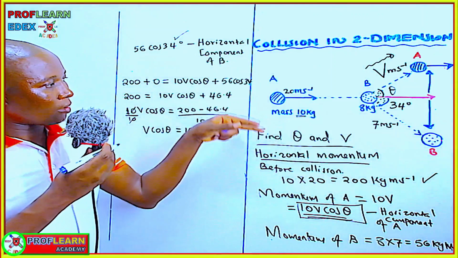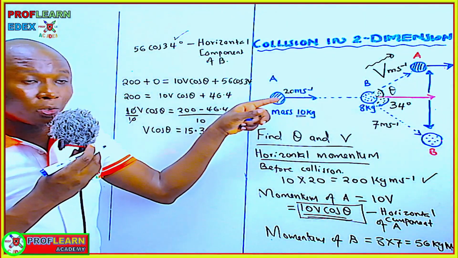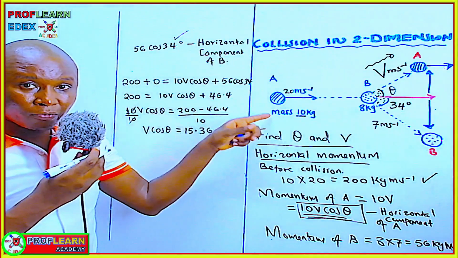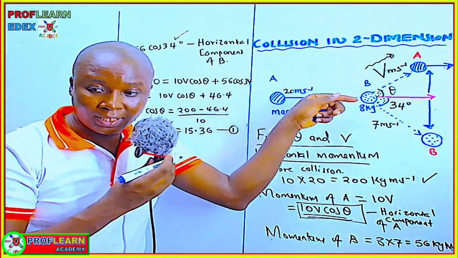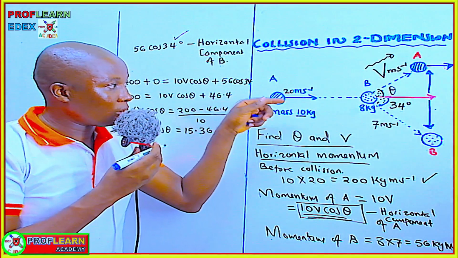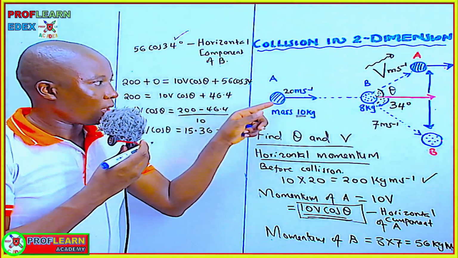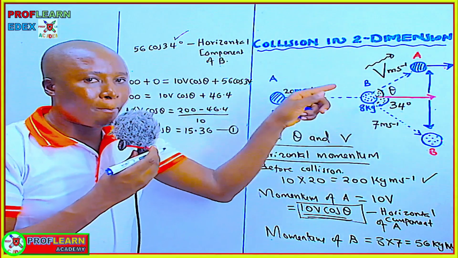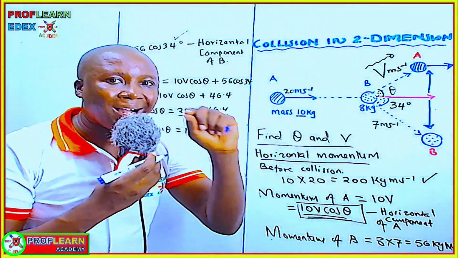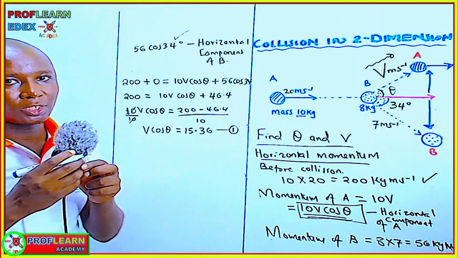So the vertical component of this momentum would be 0. It wasn't moving up, it wasn't moving down, it was only moving in the x-axis. So it's going to have only horizontal momentum. So before collision, objects A and B both had 0 momentum in the vertical direction.